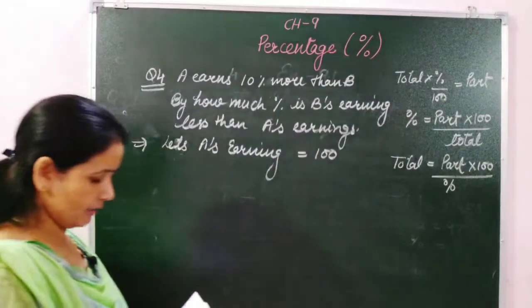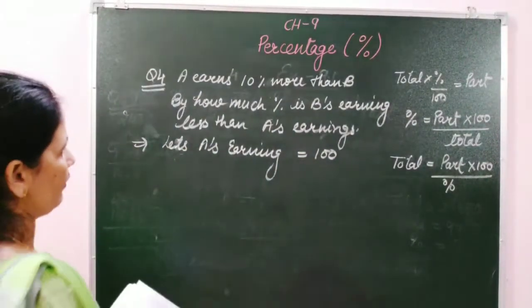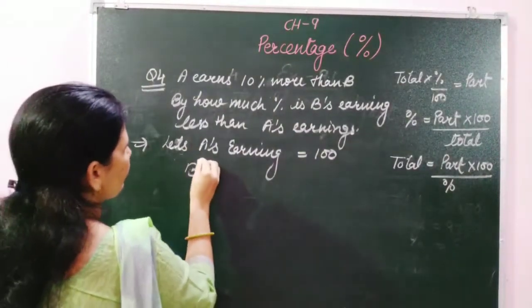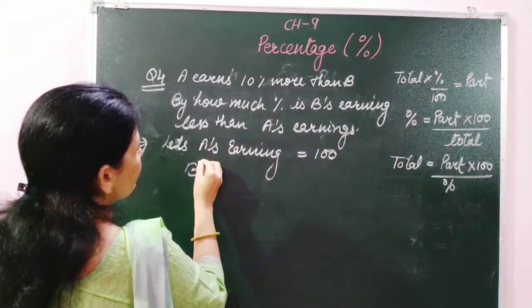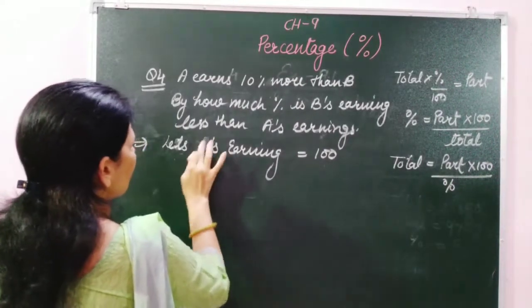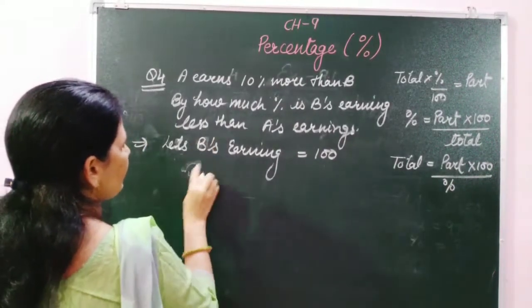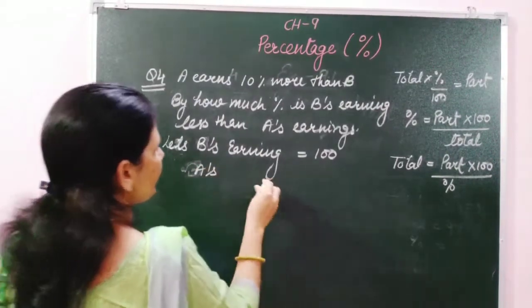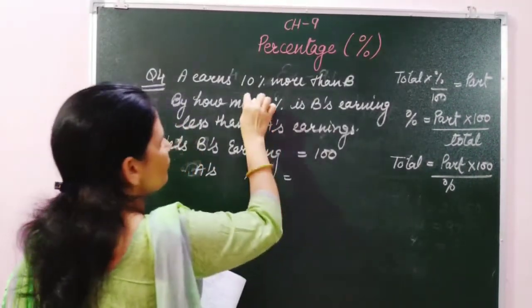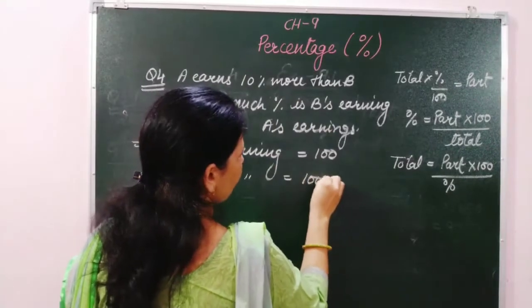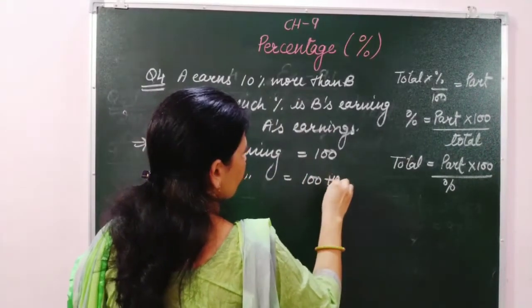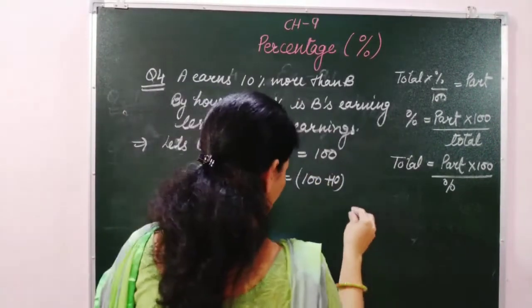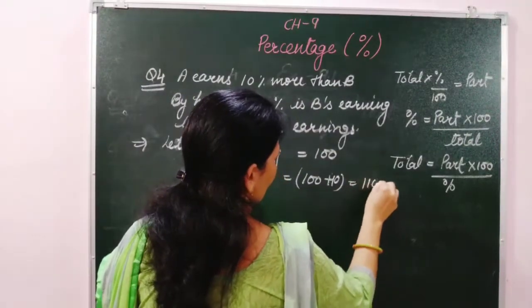Okay, that A's earning is 100. Then B's, sorry, this is B's earning. B's earning, then A's earning. A earns 10% more than B. So 100 plus 10. That means 110. Okay.